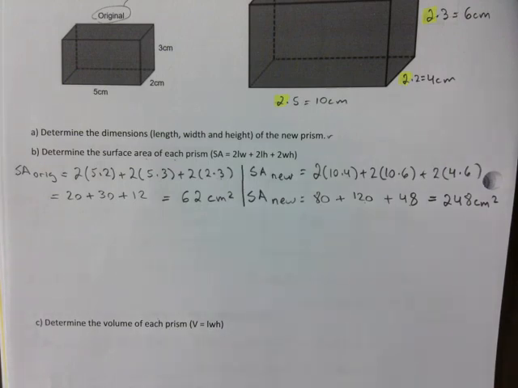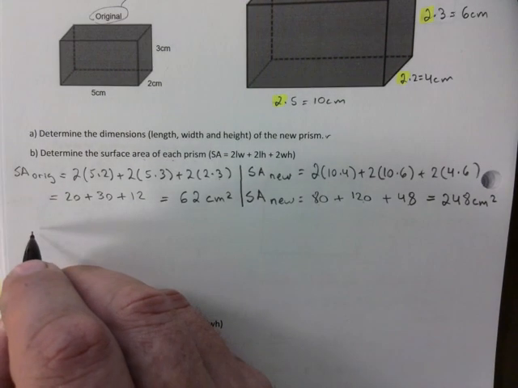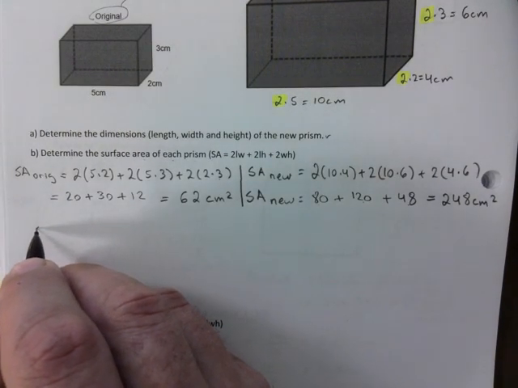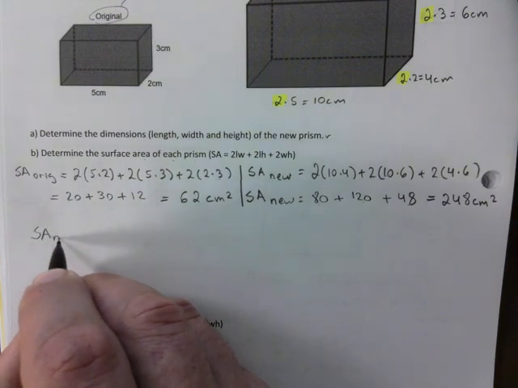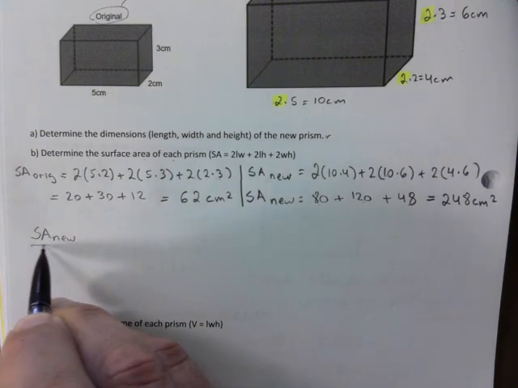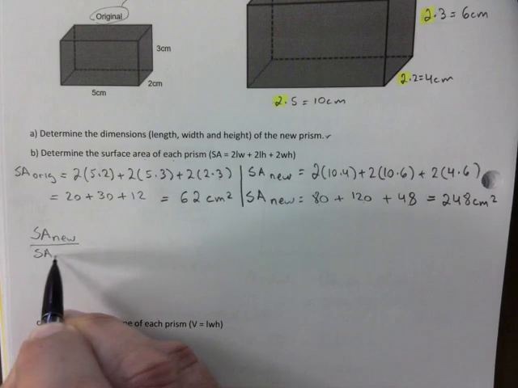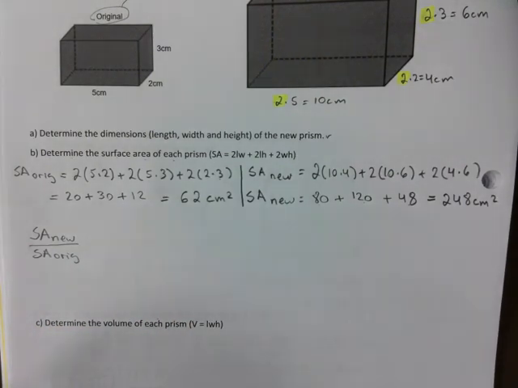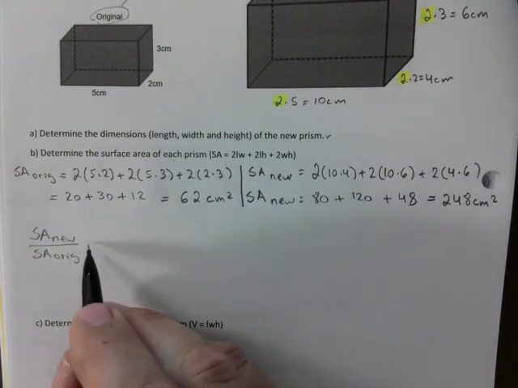So remember how we always went to find a scale factor? You know how we always went new over original, when we could? So let's do that. If you go surface area of the new and divide it by surface area of the original, not length, not width, not height, but surface area in this case, a two-dimensional measure.